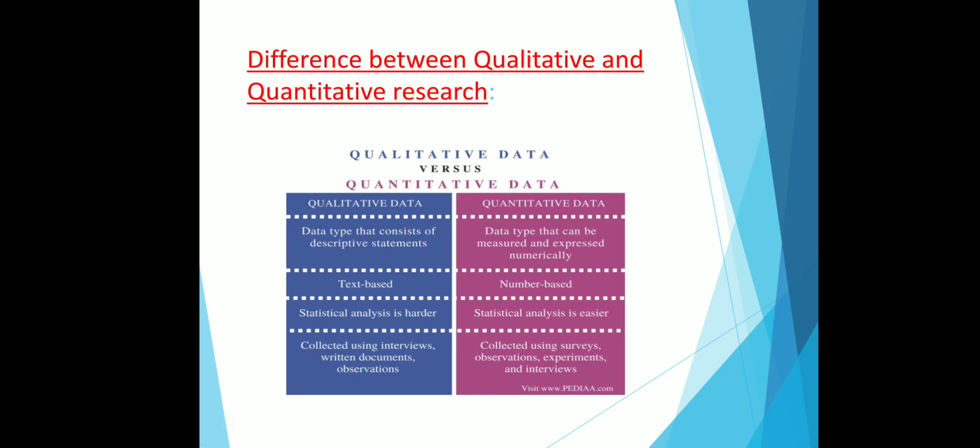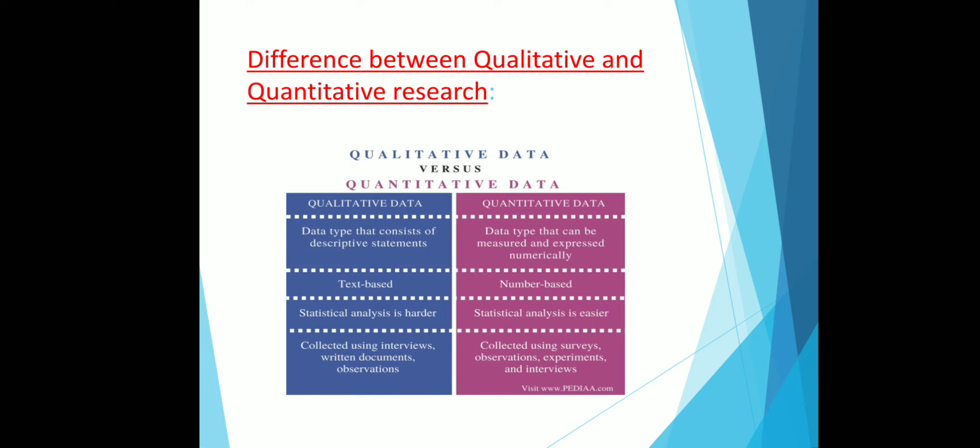So the next is difference between qualitative and quantitative research. The first difference is in qualitative research, the data type consists of descriptive statements, but in quantitative research, the data type can be measured and expressed numerically. The second difference is in qualitative research, we use text-based data, but in quantitative research, we use number-based data.